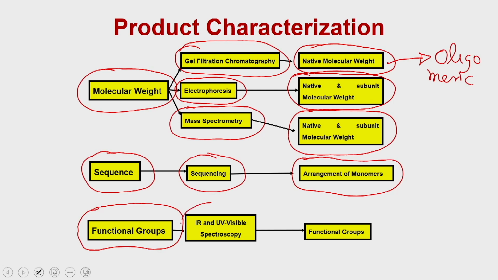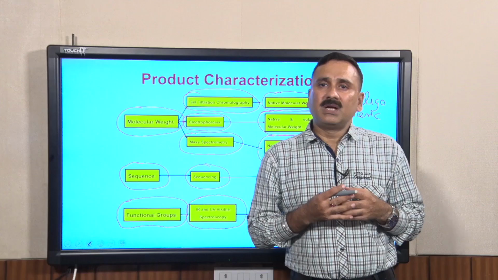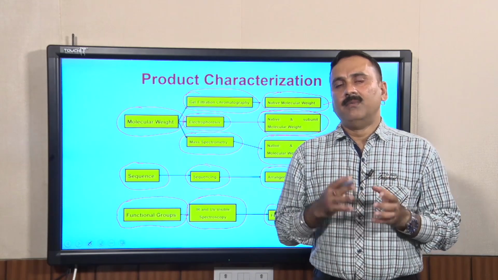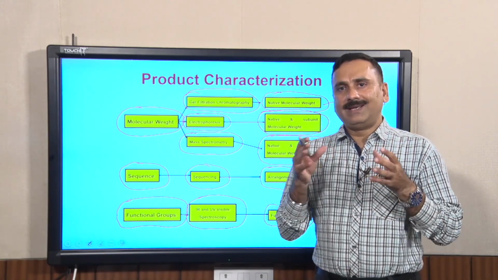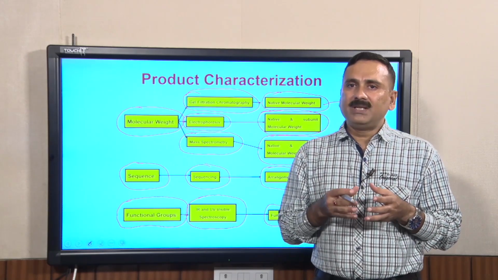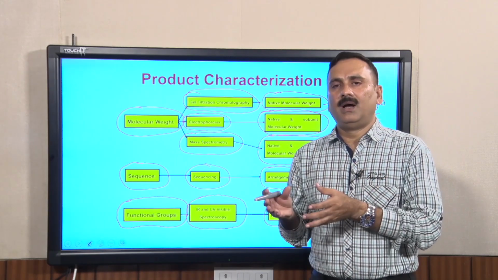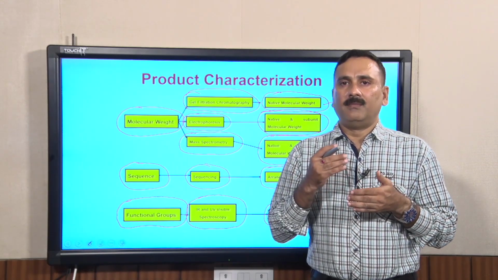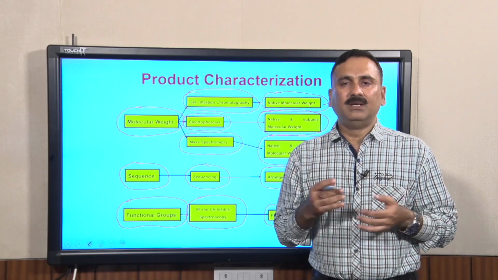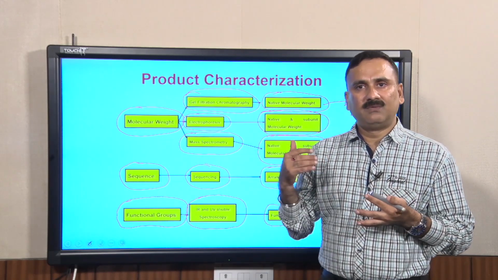So, what are we going to discuss? We are going to discuss IR as well as UV-visible spectroscopy, which will give you an idea about the functional group and help you in identifying a particular compound. But before getting into the details of identifying the functional group, you might have to do some periodicity analysis of the compound, so that you can more precisely determine the presence of the functional group.